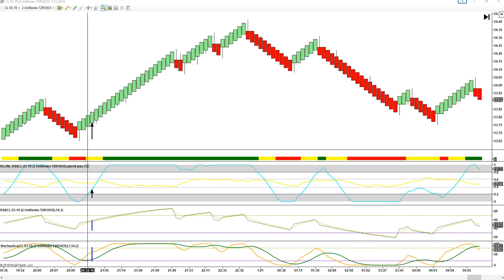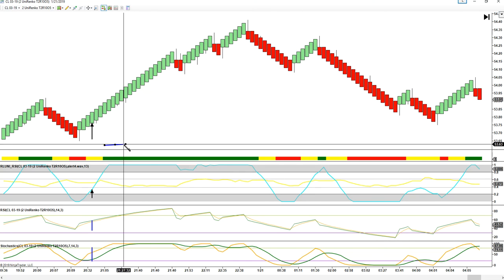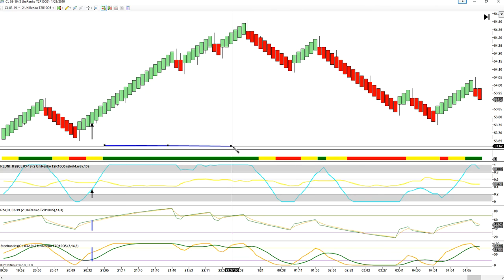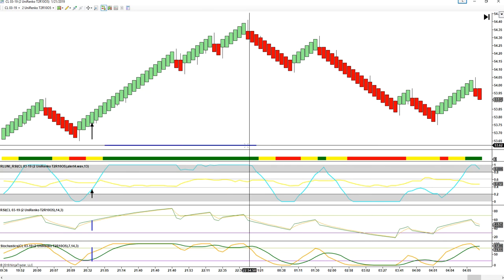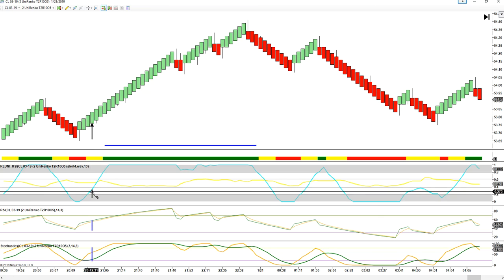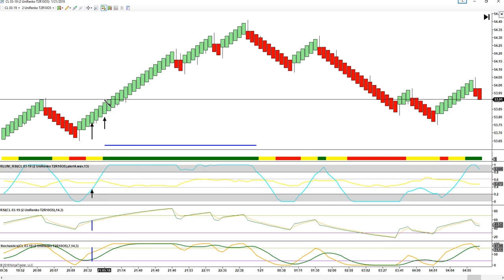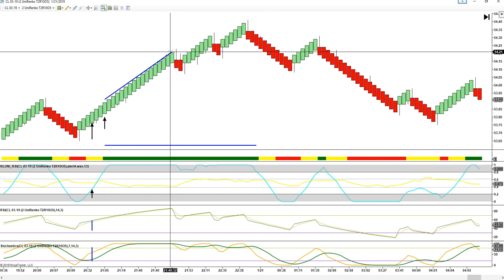And then let's see what happens. The Laguerre locks long right here to tell you that the bulls are firmly in control of the market. So if you don't take the arrow or the cross right here, all you need is a pullback and you've got the long trade.